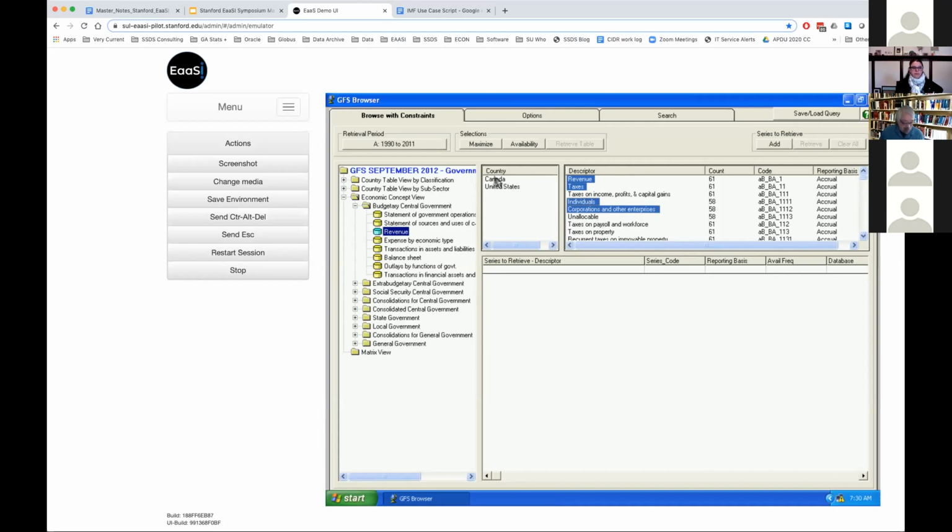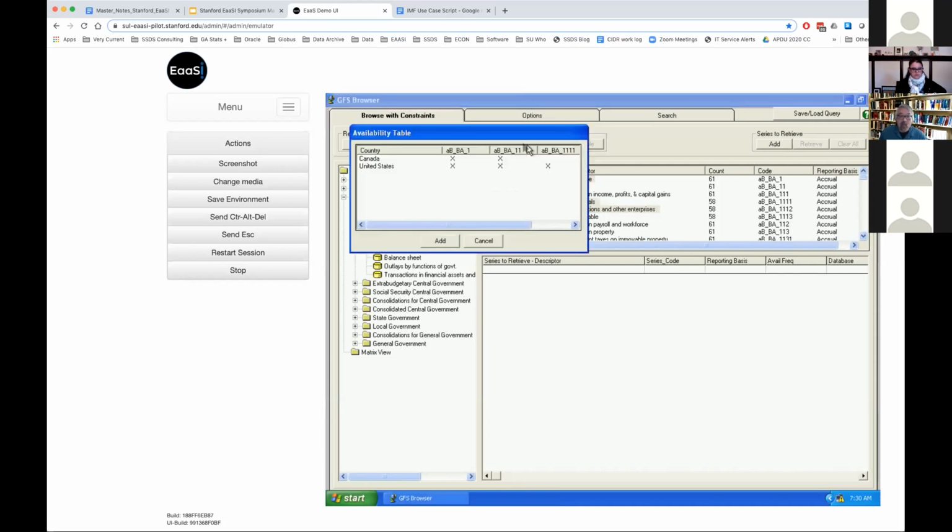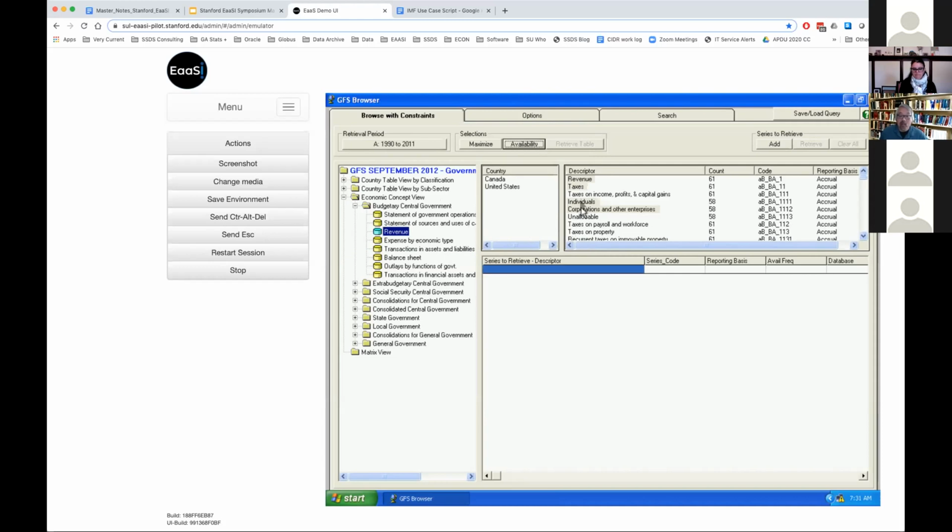Okay, and one thing I can do is check the availability, because not every country in the GFS time series has data for every variable. So you can see here in the availability table, Canada and United States, each table is a column, and it shows you with an X if it actually has data for that. You can see for Canada, it doesn't have anything in the last 2. So I think I will not select those 2.